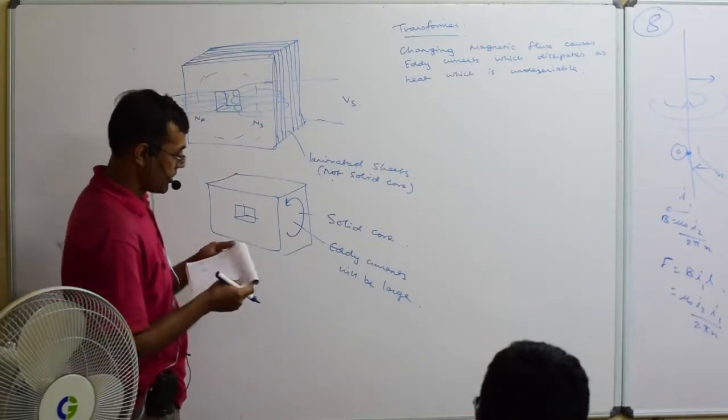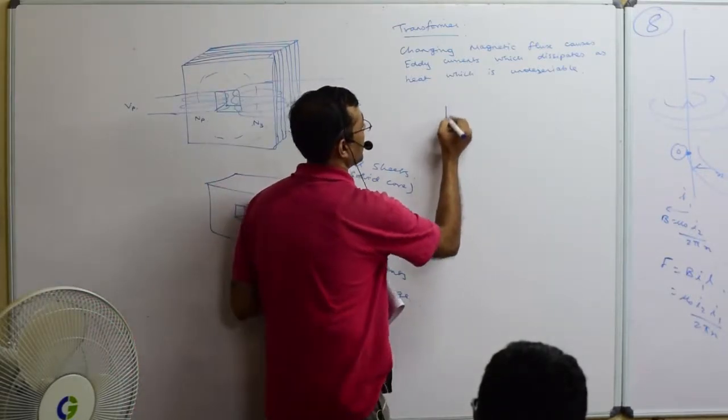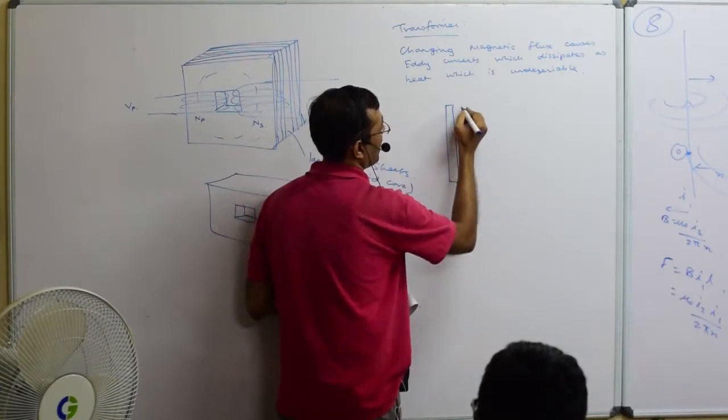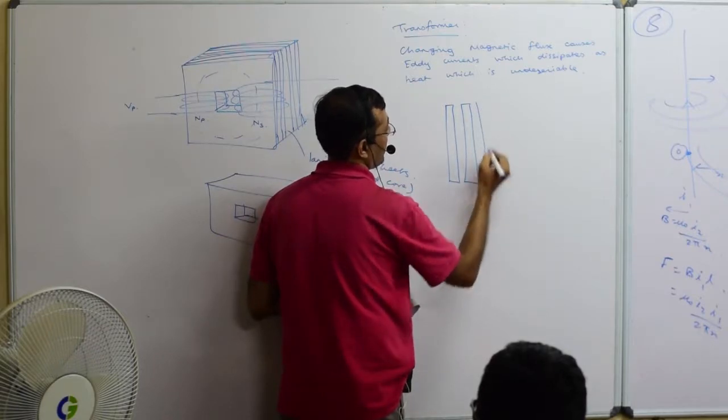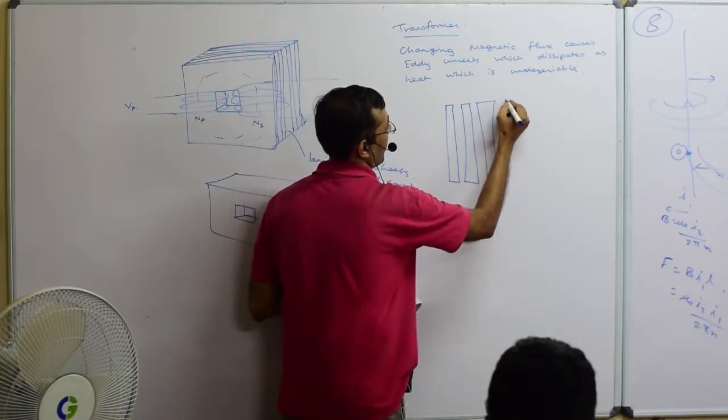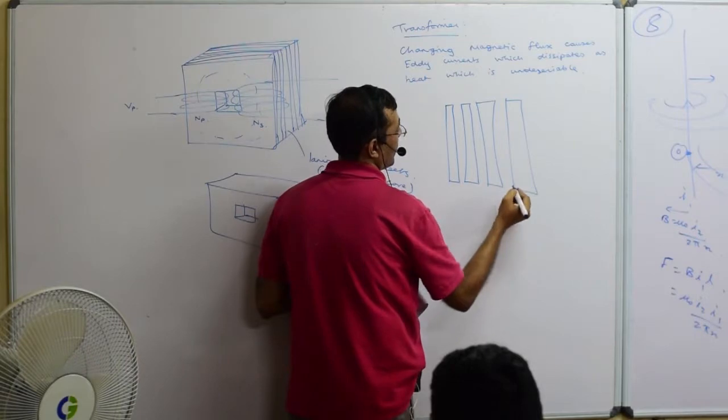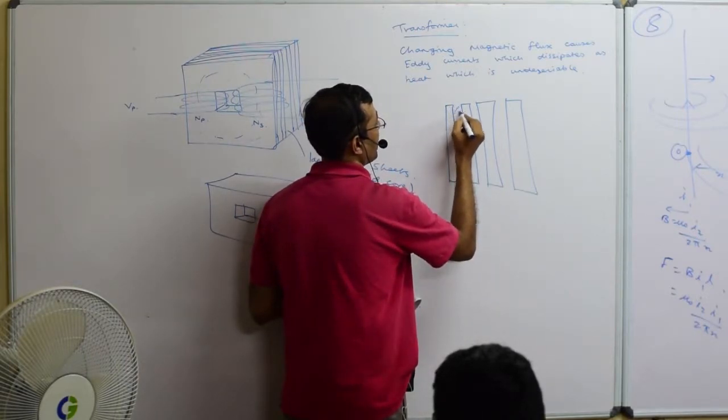And then in between the sheets, right? So this can be shown as something like this. I can say these are all the laminated sheets, and this is your insulating material. So take down this properly.